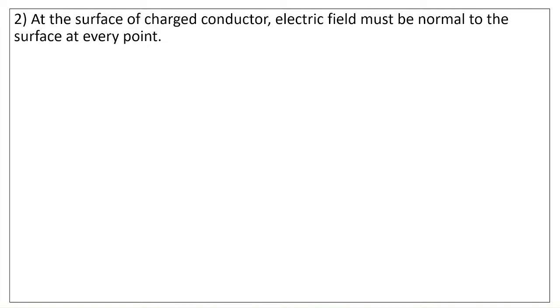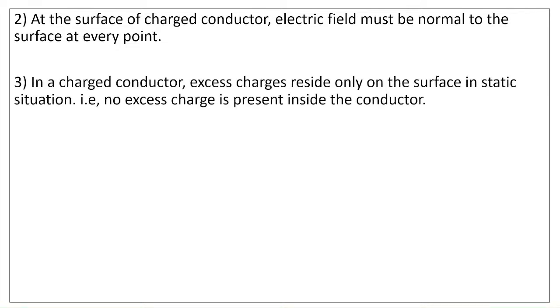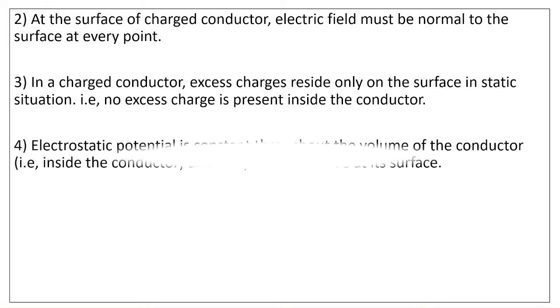2. At the surface of charged conductor, electric field must be normal to the surface at every point. 3. In a charged conductor, excess charges reside only on the surface in static situation. That is, no excess charge is present inside the conductor. 4.